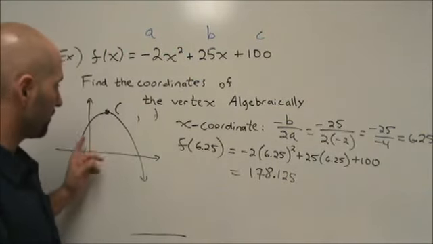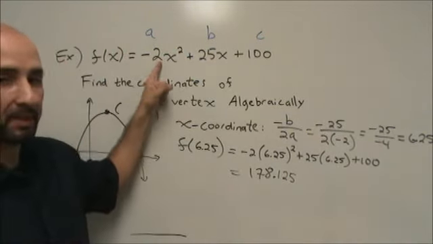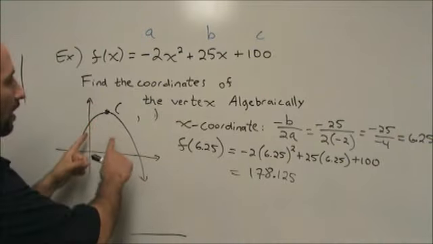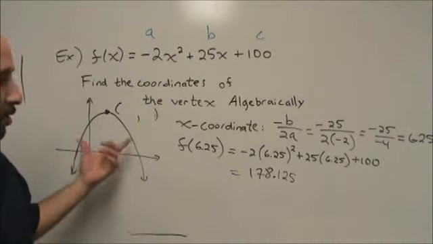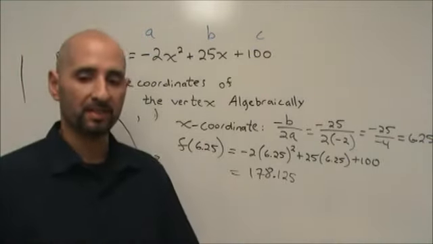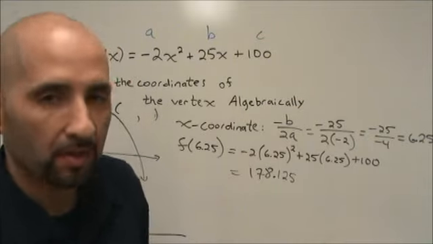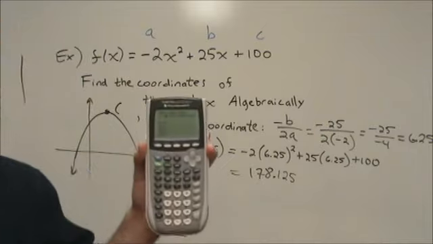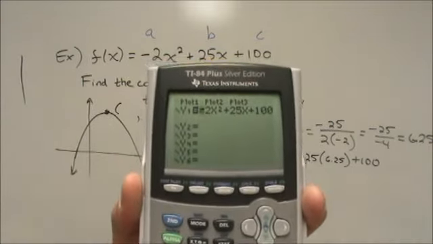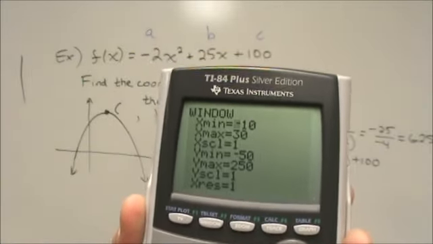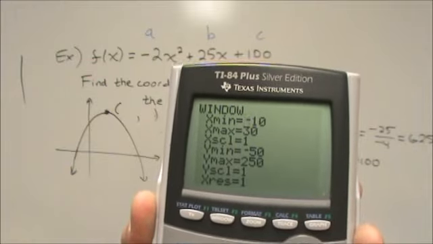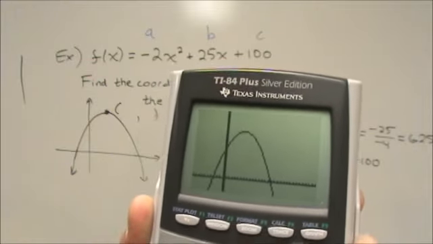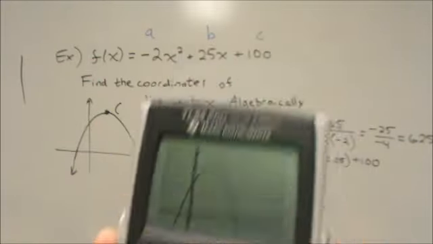By the way, I've drawn a picture of the graph here of this guy opening down, using an appropriately scaled axis where I can see it, and let me show you how I did that. So here's the function I put into my calculator. Here's my window settings I used, just so you're aware, and then there's the graph of that function.